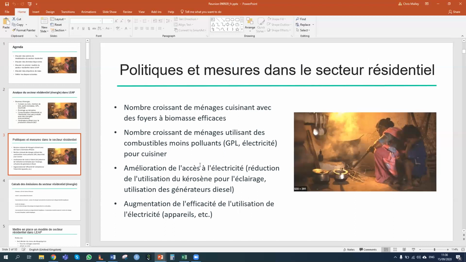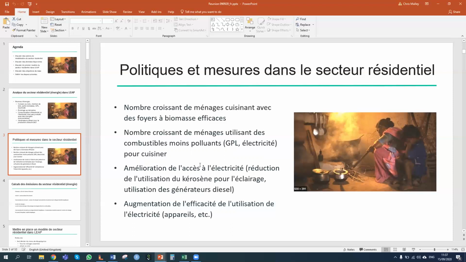The policies and measures that we may want to evaluate in the residential sector include the switching of traditional biomass stoves to more efficient biomass stoves, switching of households to use cleaner fuels, less polluting fuels like LPG and electricity for cooking, increasing access to electricity to reduce the use of kerosene for lighting, and improving the energy efficiency of electricity consumption, improving the efficiency of appliances that consume electricity.